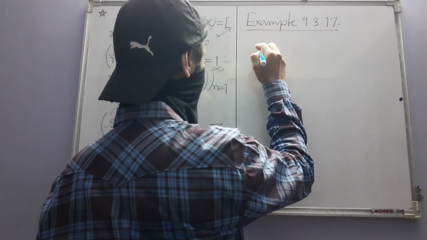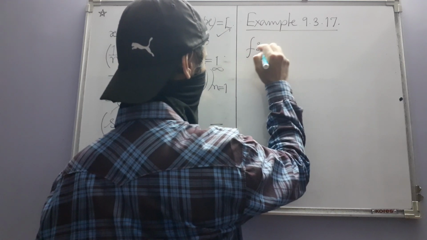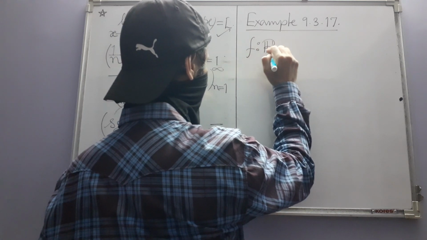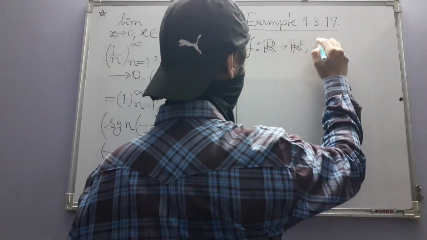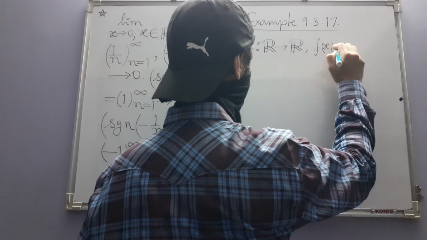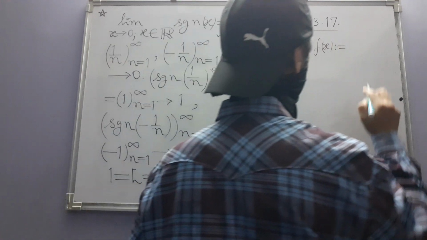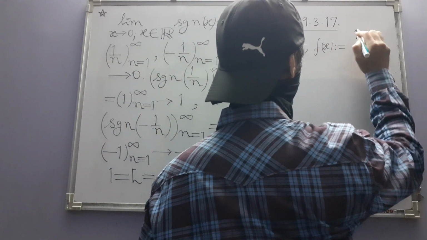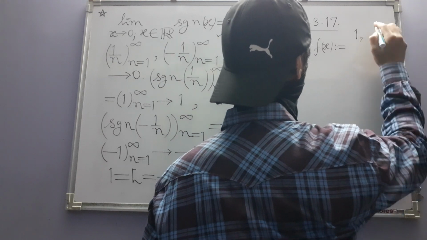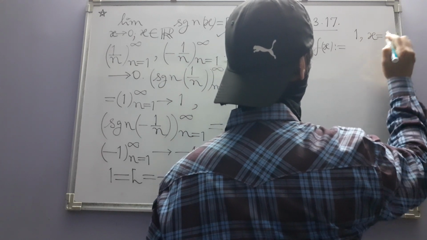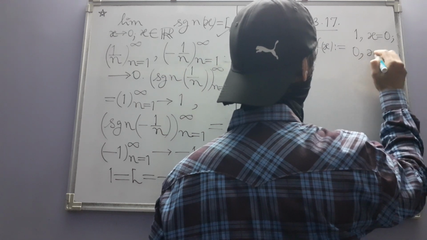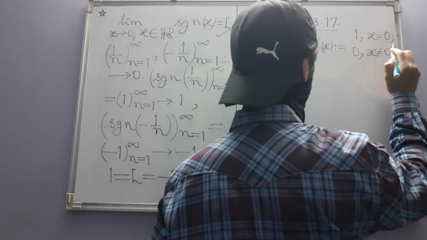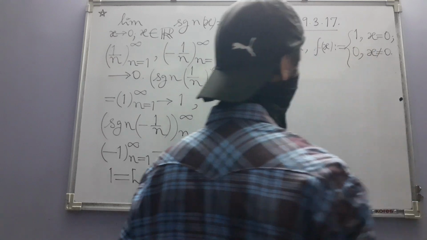The function here is from R into R, and the definition is this. The rule for the function is this. It is defined to be equal to 1 if x is equal to 0 and is 0 if x is not equal to 0.